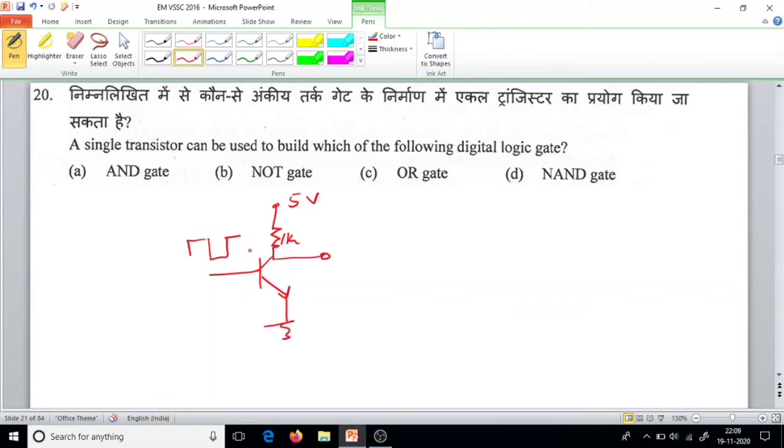When I give a high, this NPN transistor will turn on and I'll get output low. So this is the NOT gate. Using a single transistor, we can make a NOT gate. When I give high 5 volt here, I'll get 0. When I give 0 here, I will get 5 volt, which is high.